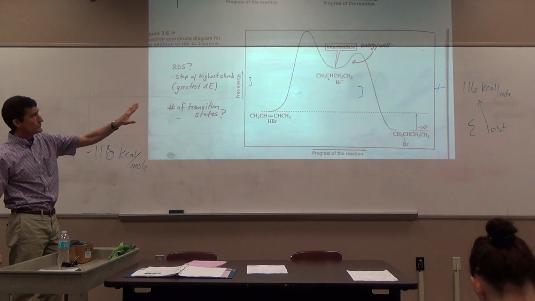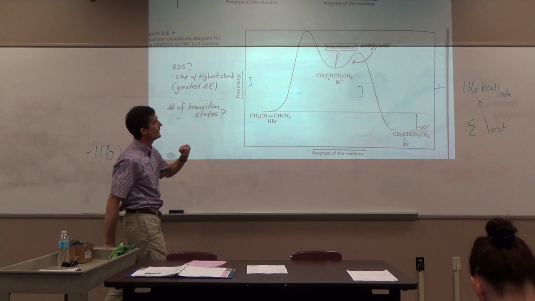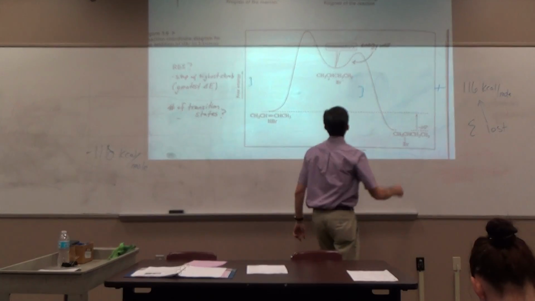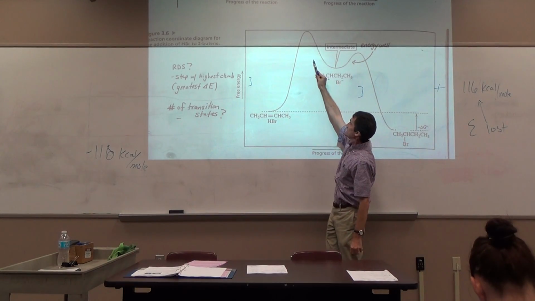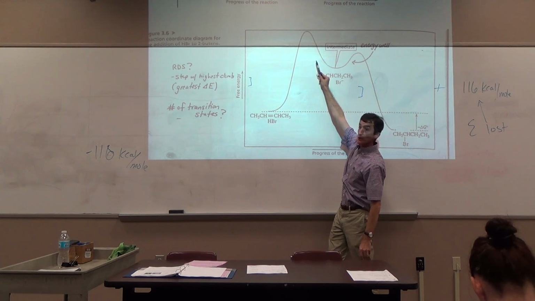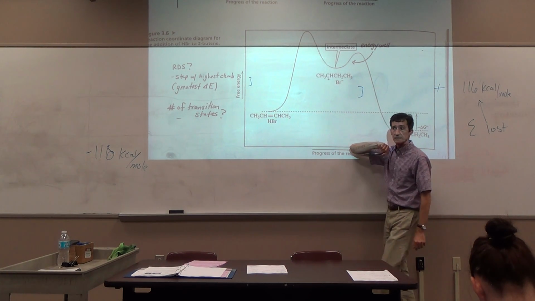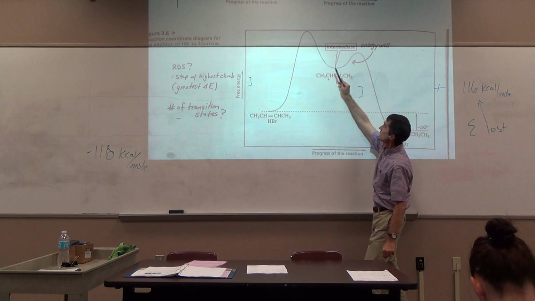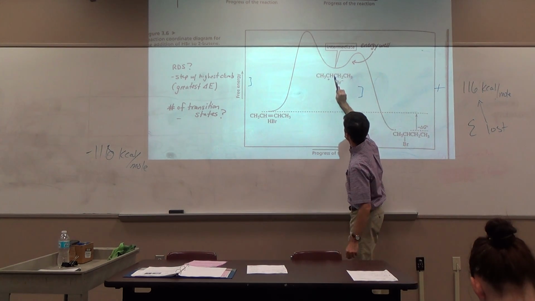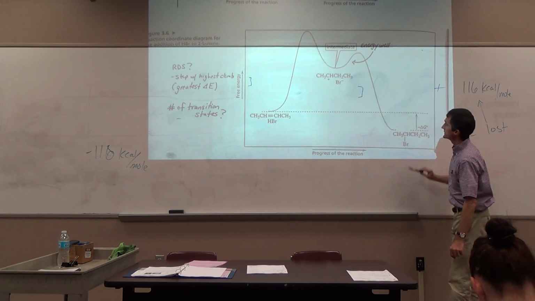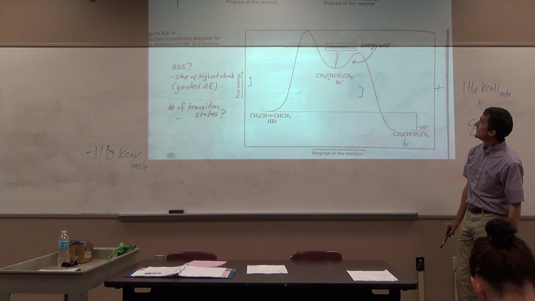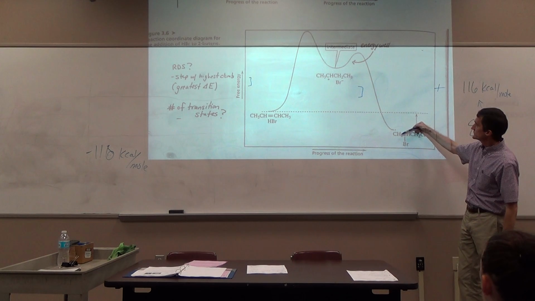So you have to recognize that there's one intermediate there. This can also be called activated complex or transition state. There's a transition state leading to the intermediate and a transition state leading to the product. This is an overall exothermic reaction.